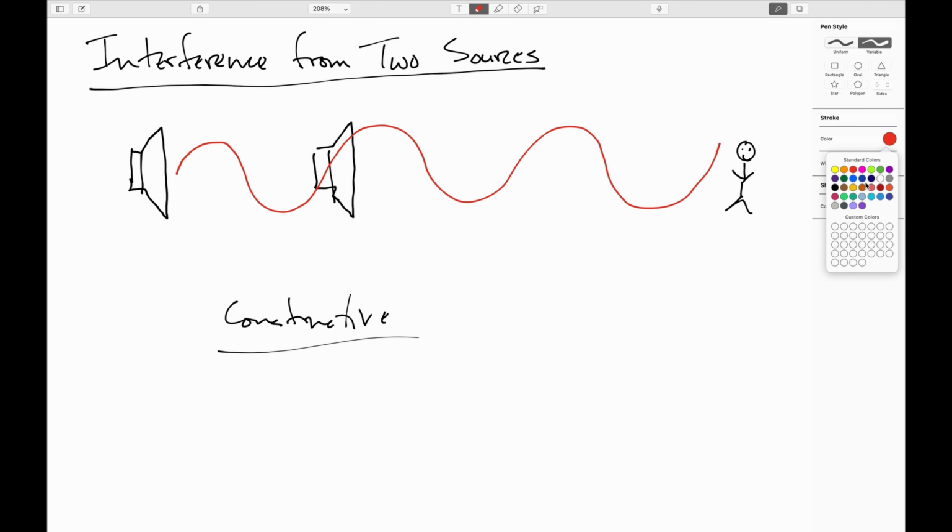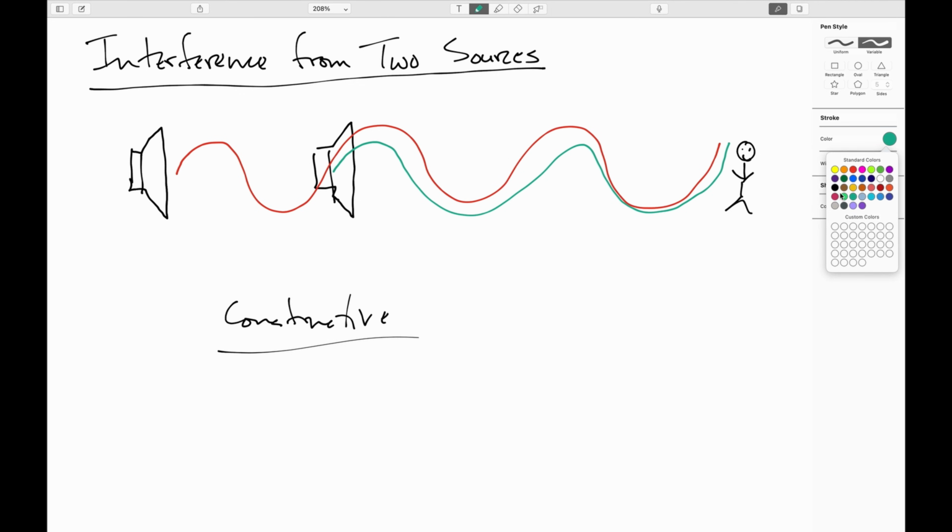It's just to tell them apart. And let's make this one blue. So here, we've got it so that at all points, crest meets crest, trough meets trough, and so we'll have constructive interference.